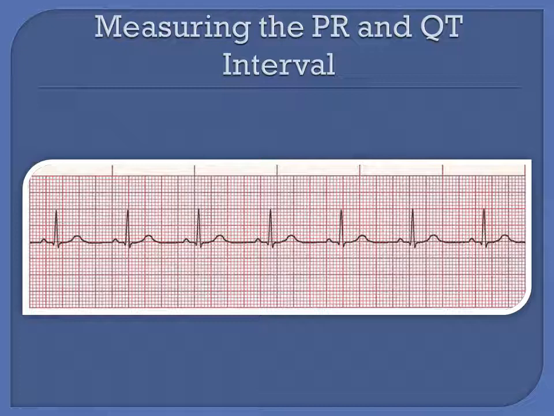Next comes the QT interval. The QT interval represents the time from ventricular depolarization to ventricular repolarization. The QT interval is measured from the beginning of the Q wave.